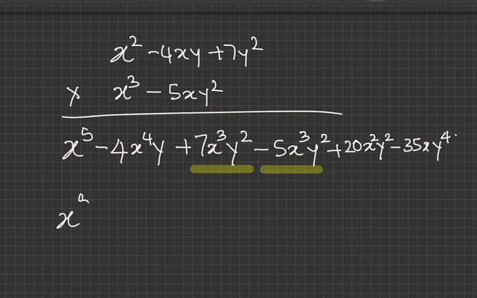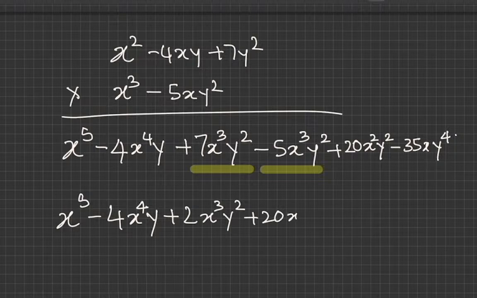Here x to the power 5 minus 4 x to the power 4 y, and 7 minus 5 is 2, so plus 2 x to the power 3 y to the power 2. Then I have plus 20 x squared y squared minus 35xy to the power 4, right? So this is the one that I have.